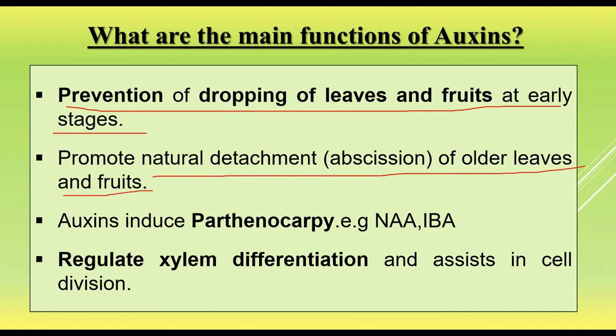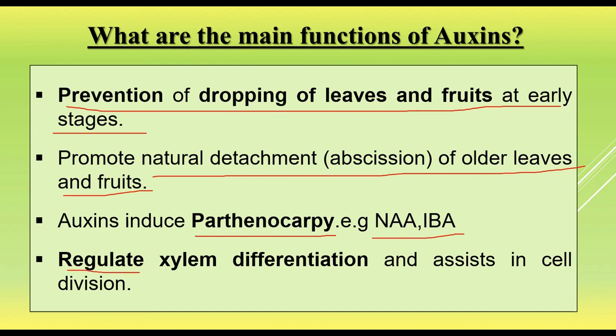Auxin induces parthenocarpy, that is the production of fruits without fertilization. High concentration of auxin induces fruit formation and hence the fruits produced are seedless. Example, tomato and banana are produced in this way. Naphthalene acetic acid and indole butyric acid are used.